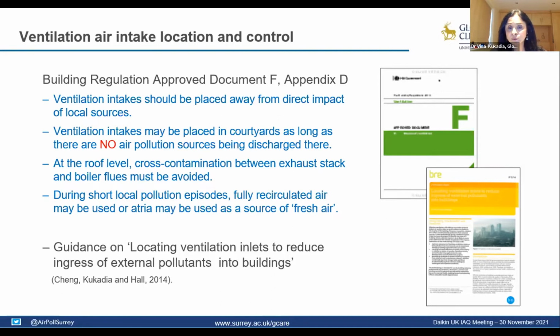They mustn't be placed in courtyards. And if they are, then there must not be any pollution discharged there, as my previous example showed. At the roof level, cross-contamination between exhaust stack and boiler flues must be avoided. And during short local pollution episodes, we could try fully recirculated air, which may be used from the atria as a source of fresh air.